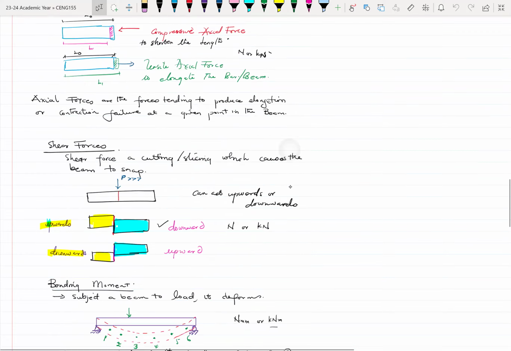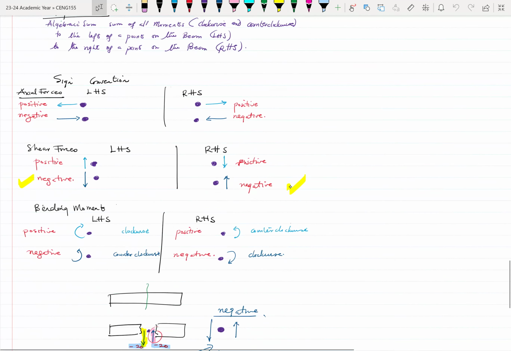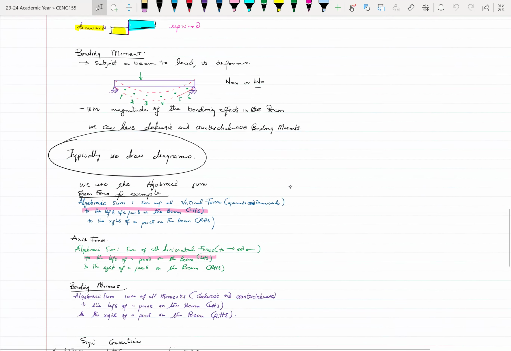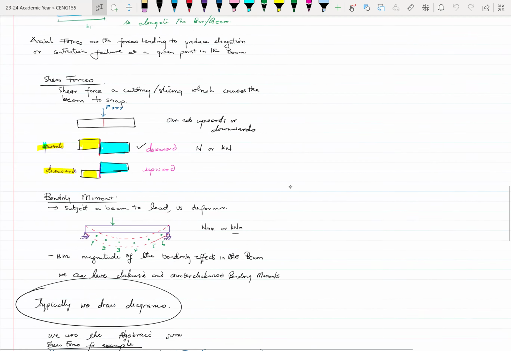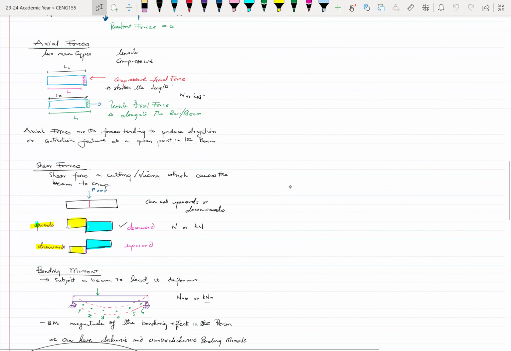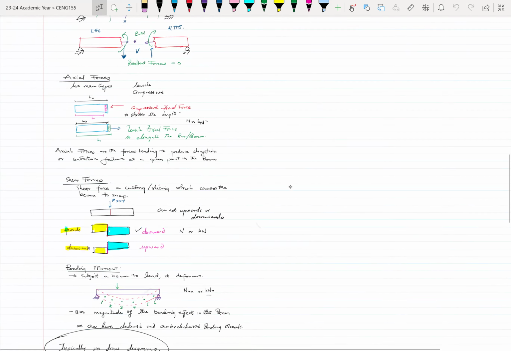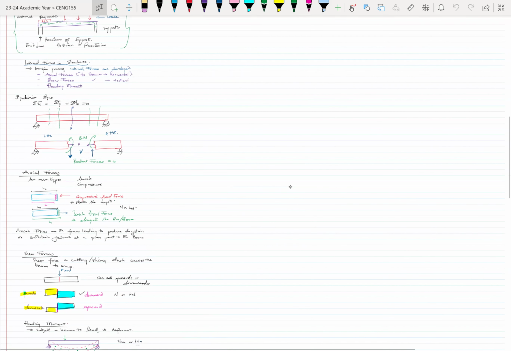So we described the fact that when you have a beam or any structural member for that matter, when you have an external load acting on that member, let me just do the recap here right now. Okay.